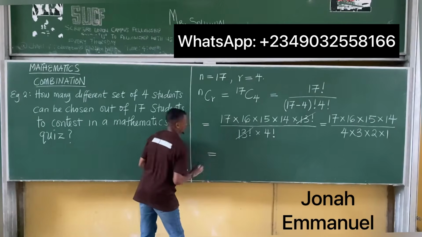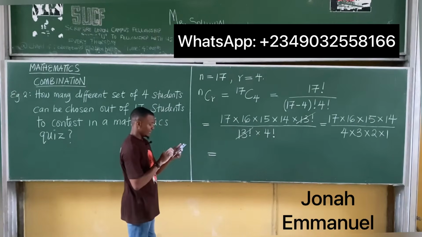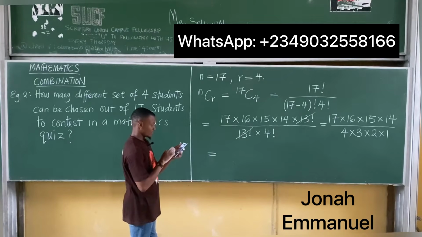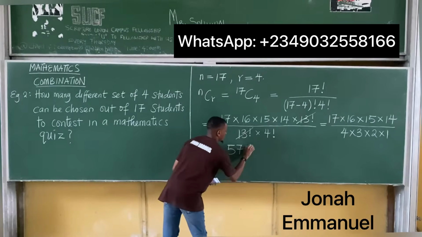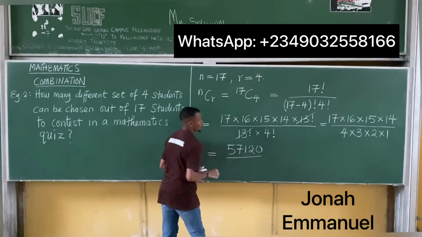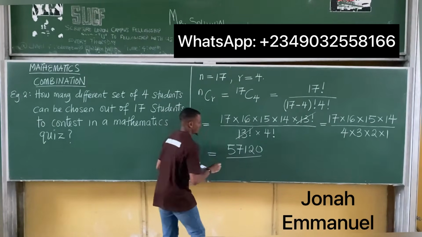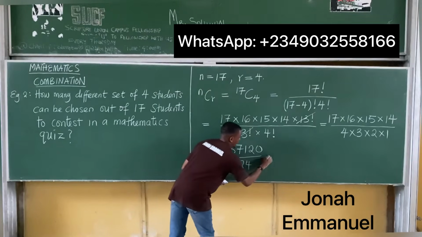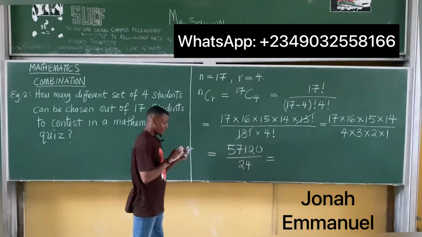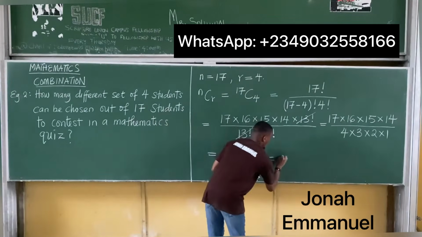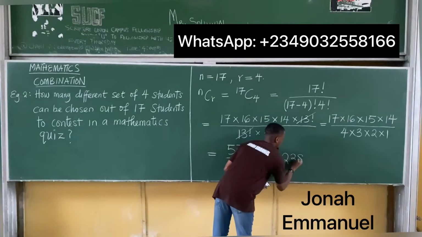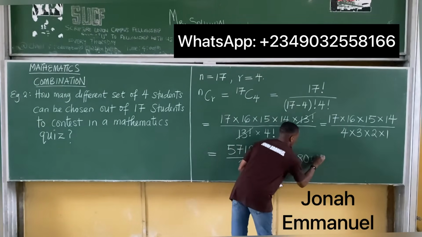So this is equal to, let's look at this, 17 times 16 times 15 times 14, 57,120 is my answer, all over 4 times 3, 12 times 2, 24 times 1, 24. 4 factorial is 24. So this all over 24, my answer is 2380.